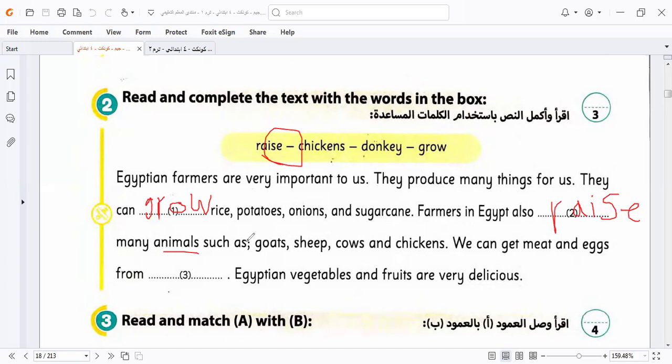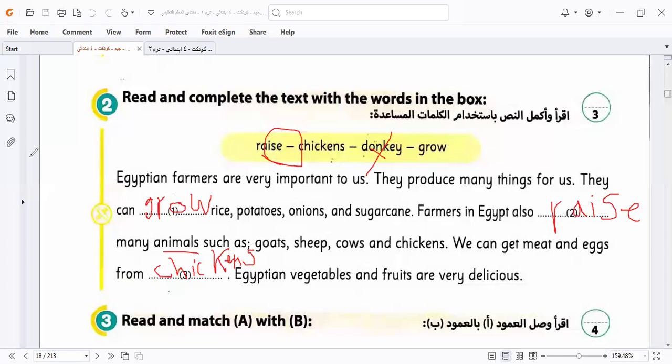I will try to make you misunderstand: we can get meat and eggs from a donkey. Wrong. From what? From chickens. It will be from chicken.